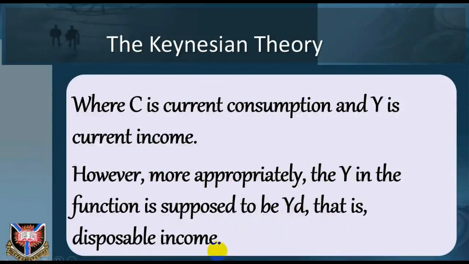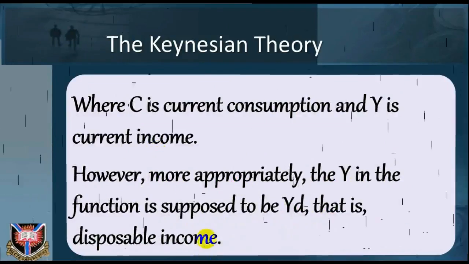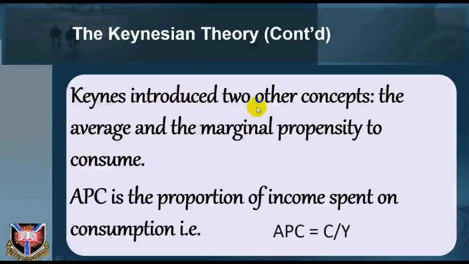To fully expose this hypothesis, Keynes introduced two other components, the average and the marginal propensity to consume. The average propensity to consume, APC, is the proportion of income spent on consumption. In other words, it is the ratio of consumption expenditure to total income.